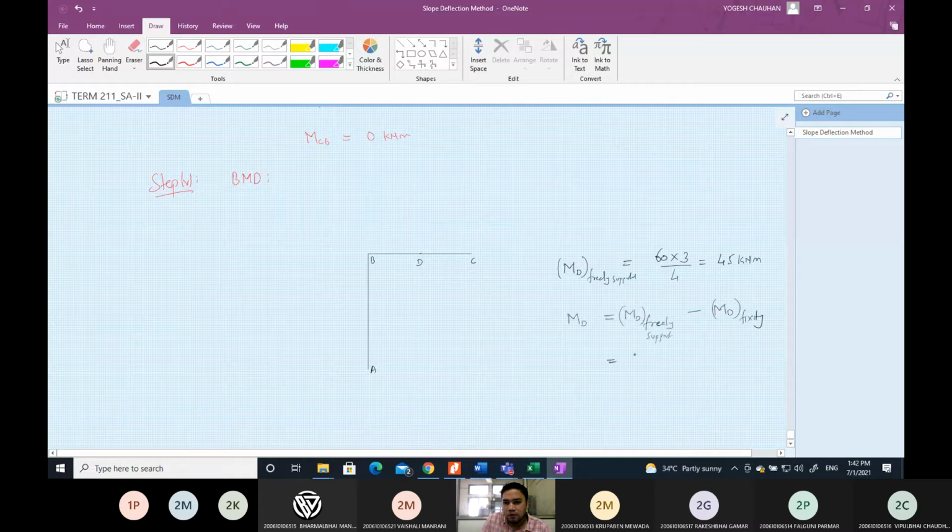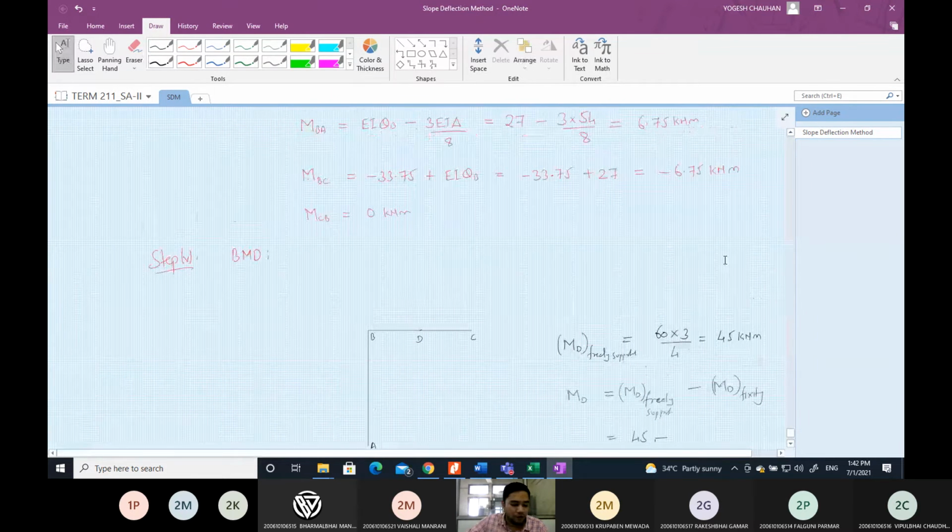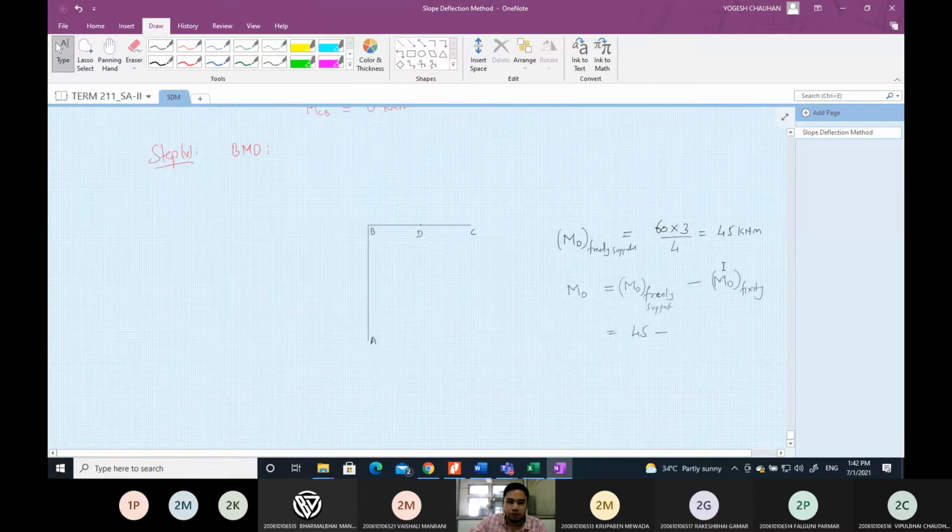So that will be 45 minus, due to fixity, 6.75 by 2. So the net bending moment will be 41.625 kilonewton meter.